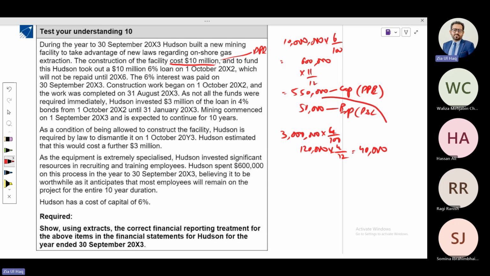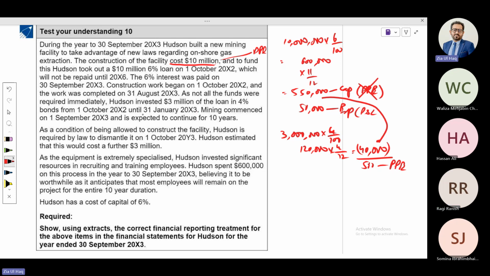Out of this 550,000, we need to deduct 40,000. So the remaining 510,000 should be capitalized as property, plant and equipment rather than the complete 550,000. Can you understand this? And all this income should be capitalized. There is no part left that should be recorded as other income in P&L. Is that fine? Okay.